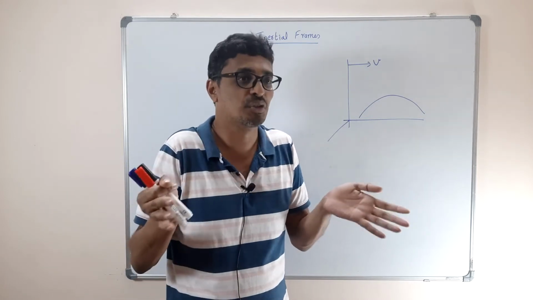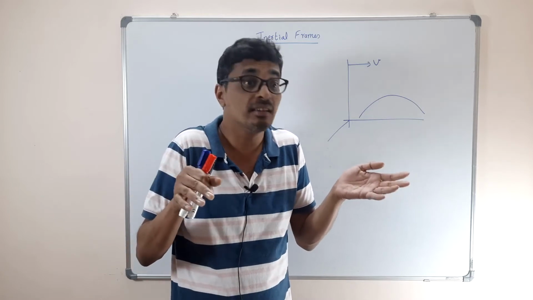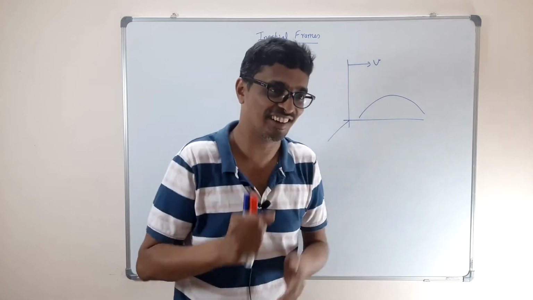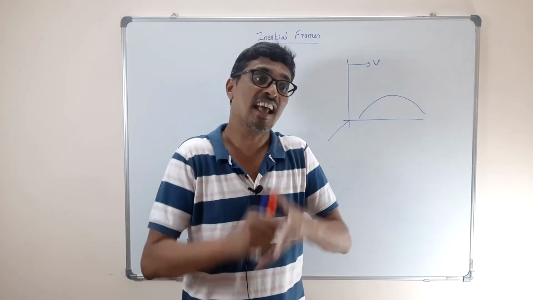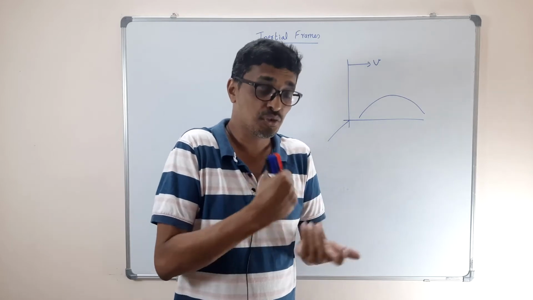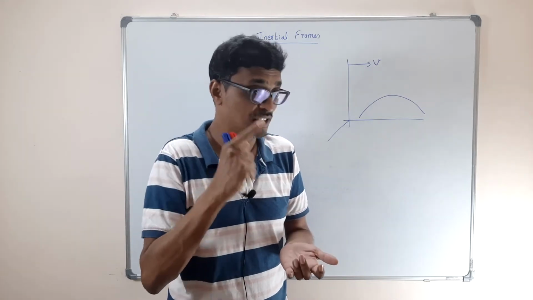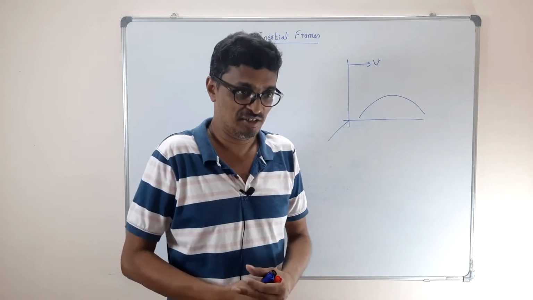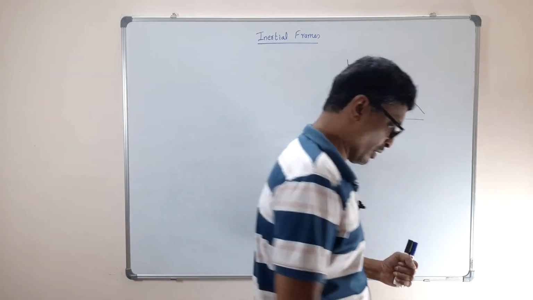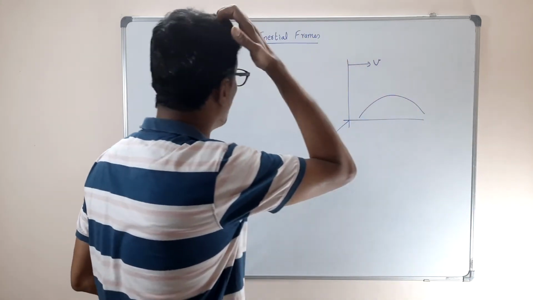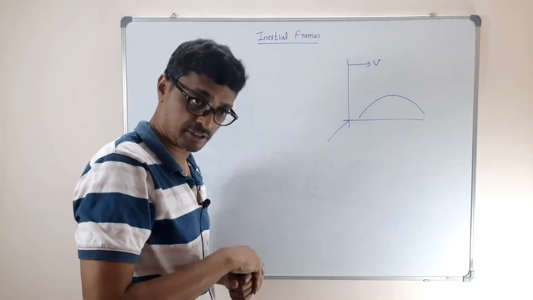It is a pseudo force because there is no real force acting on you; your frame of reference is accelerated. You are in an accelerated frame, so you will experience a force. That's called a pseudo force. But a pseudo force is not an imaginary force, it is real, because you can measure your weight. So this is what inertial frames and non-inertial frames are.